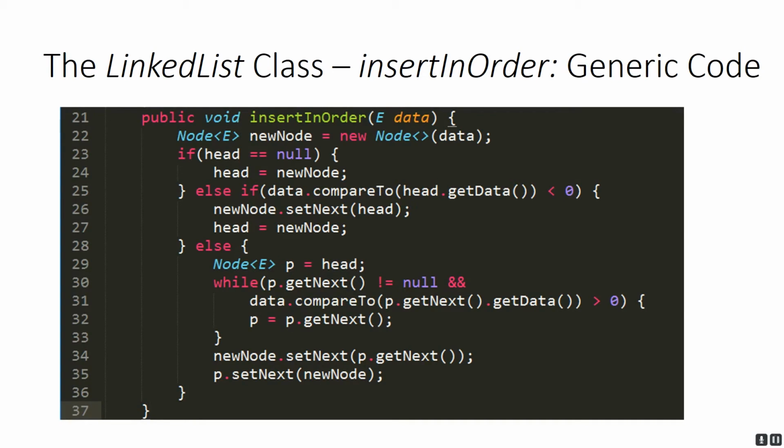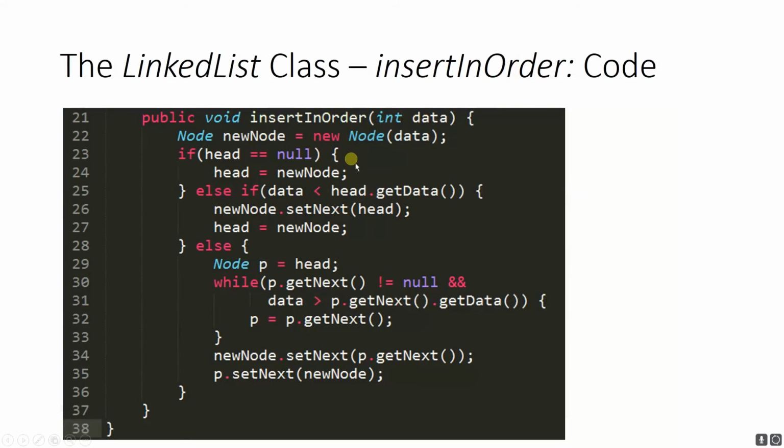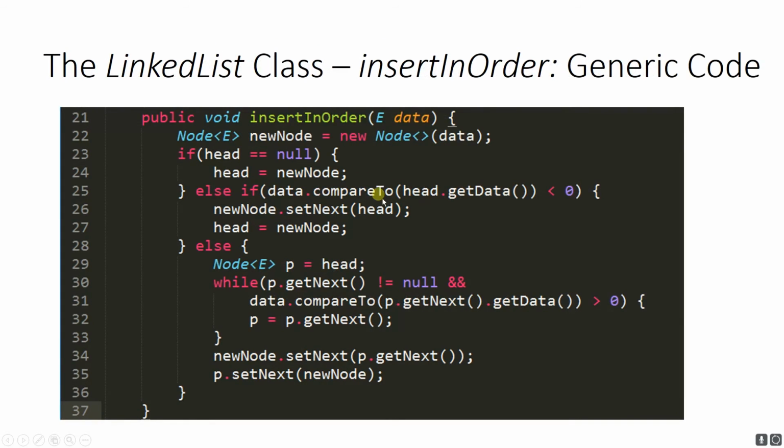Let's assume for a moment that this linked list was created with strings. That means that this E will be string, and this node E will be node string. So we have a string called data, and we have a node containing a string. If I had the previous code, which was data less than head.getData, this would be string less than string, which doesn't work. For strings, we have to use the compare_to method.